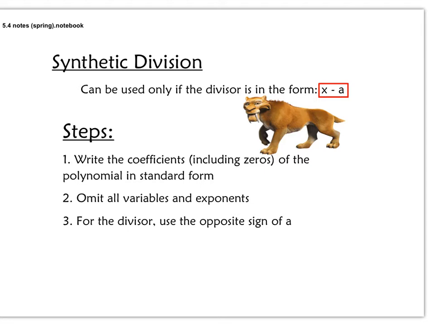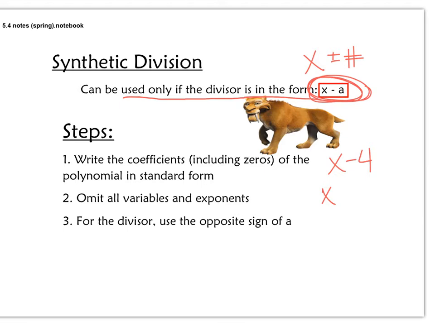Okay, so synthetic division. The only downside to it, which is why I still teach long division, is synthetic can be used only if the divisor is in the form x minus a, or more generically, if it's x plus or minus some number. So if I'm dividing by x minus 4, I can use it.